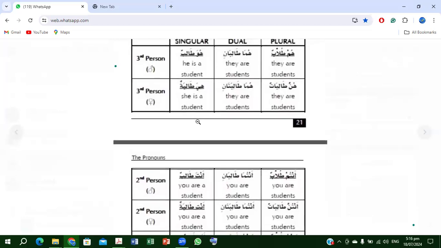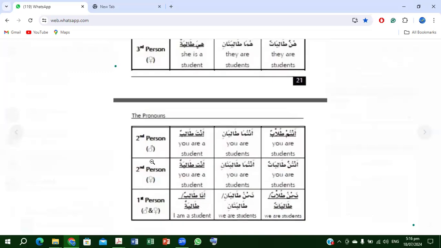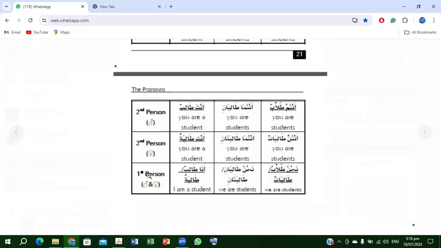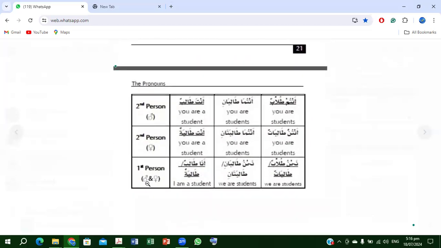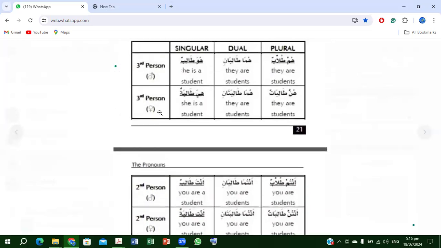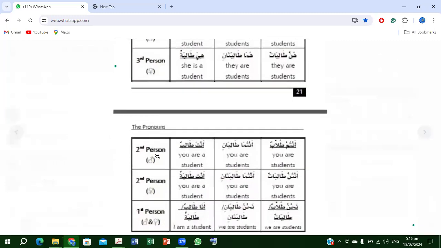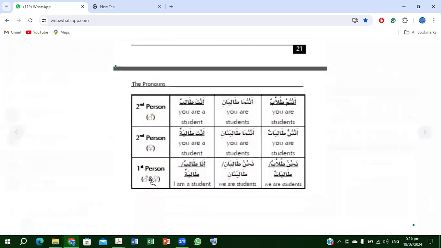So the pronouns for third person, then pronouns for second person, and then pronouns for first person. There are three types of pronouns that you know: third person, second person, and first person. In the third person we have male and female. The second person also male and female, and the first person also, but that is the same for female and male.